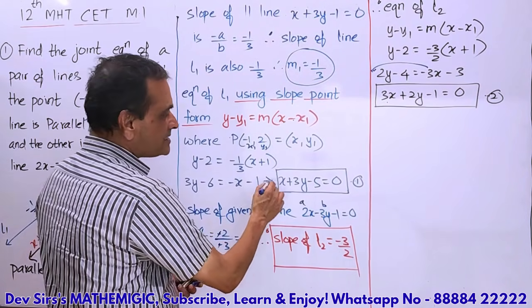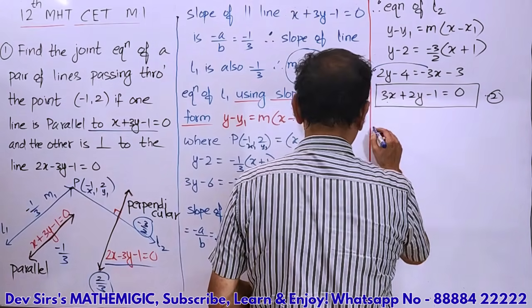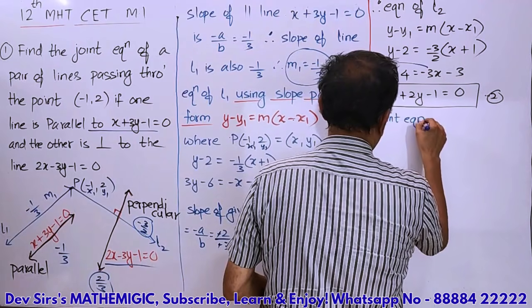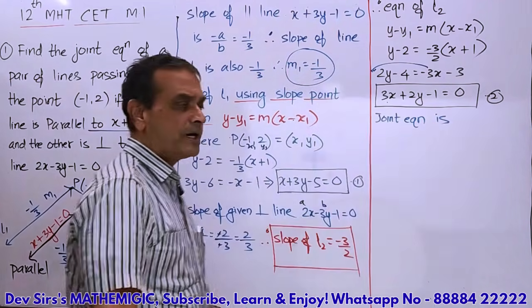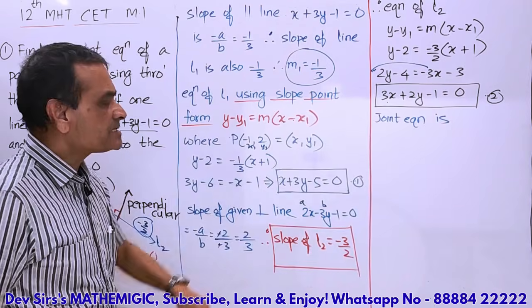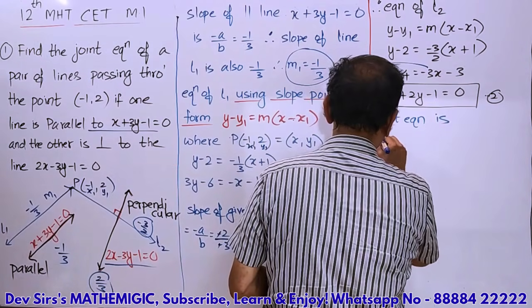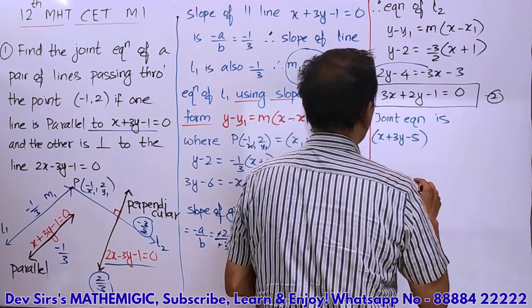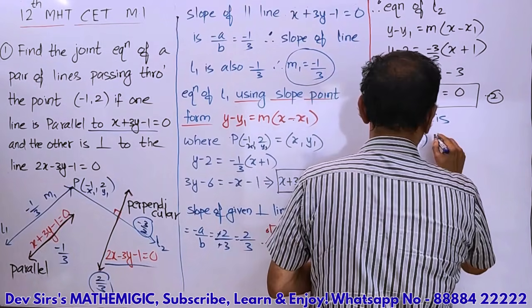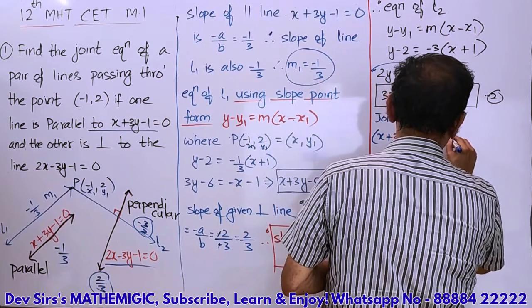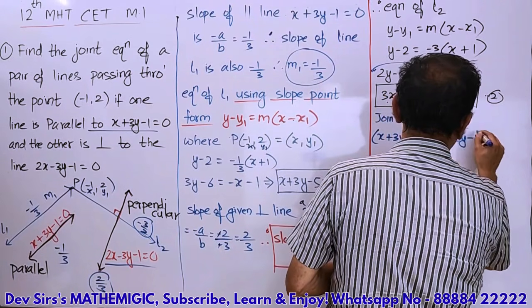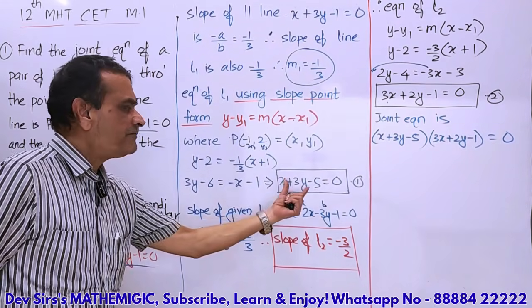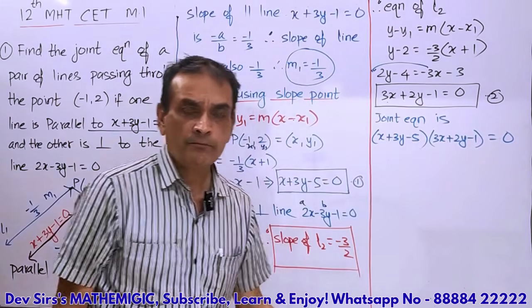So joint equation is, multiply करो. x plus 3y minus 5 multiplied by 3x plus 2y minus 1, left hand side multiplied by left hand side.